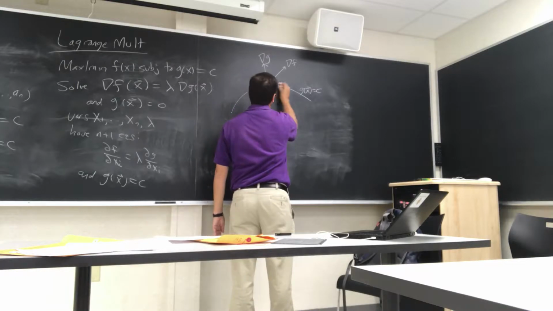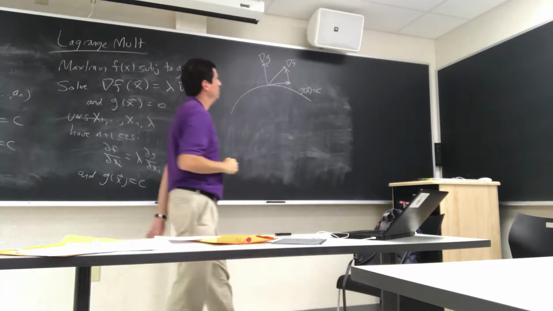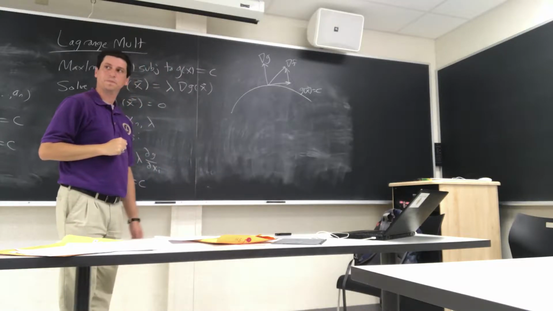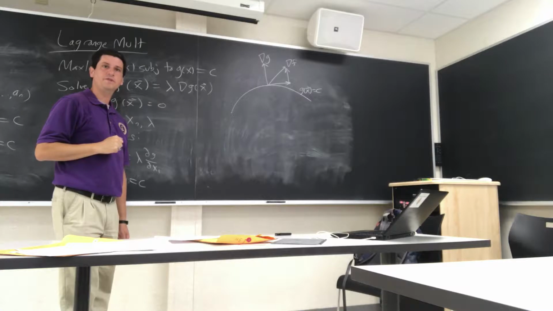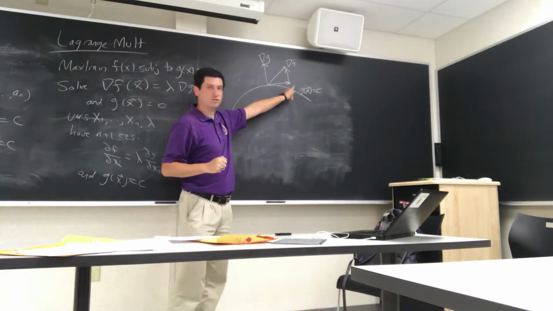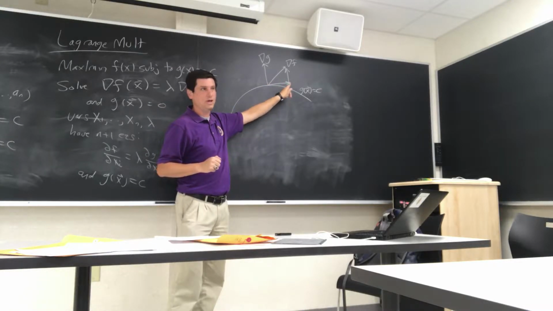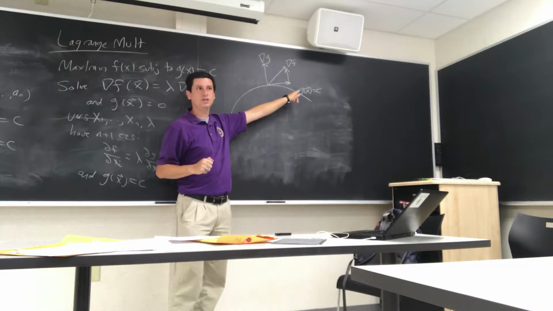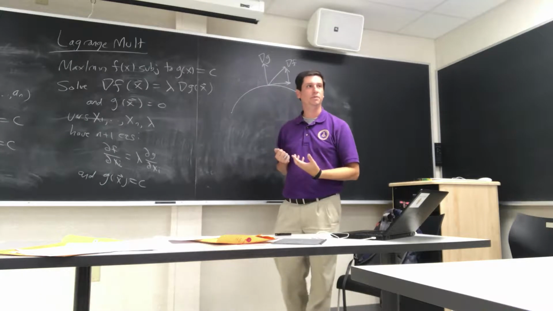So I would write my gradient of f like this. So now, could my function be maximized if I stay on the surface? Could it be minimized? No, because if I move in this direction, if I move tangent to the surface, I'm going to stay in the surface, and my function is going to be increasing in this direction, and it will be decreasing in the other direction. So it can't be a max, it can't be a minimum.